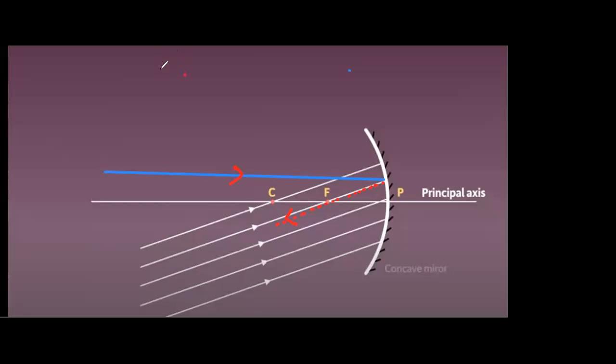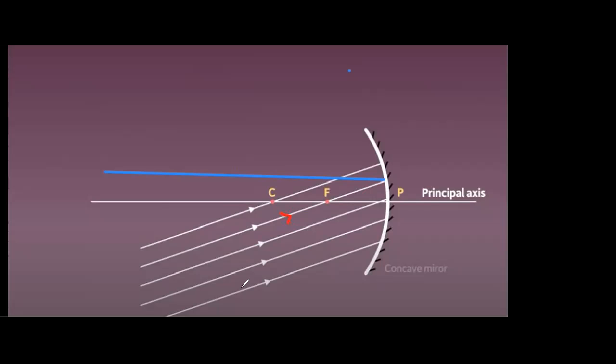Sir, the blue color line is parallel to the principal axis. Yes, the blue color line is parallel to the principal axis. Now, if I change it, which means instead of the blue line as the incident ray, I'll make this white line the incident ray.